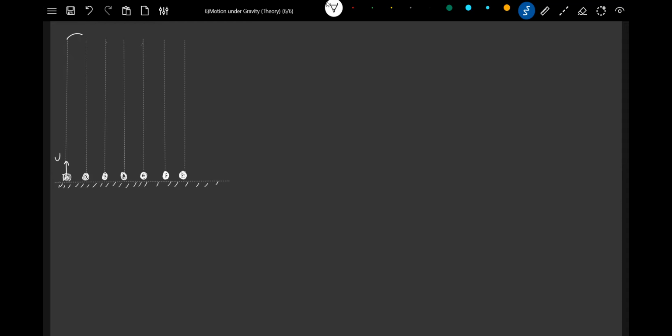So here it will be projected again, and again it will retrace the path. And this will be a better diagram.